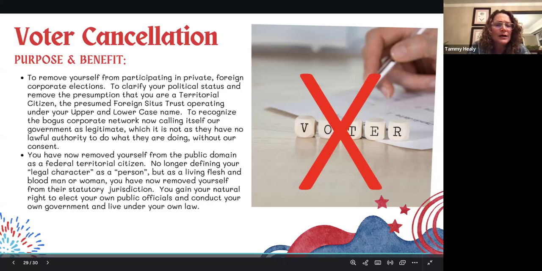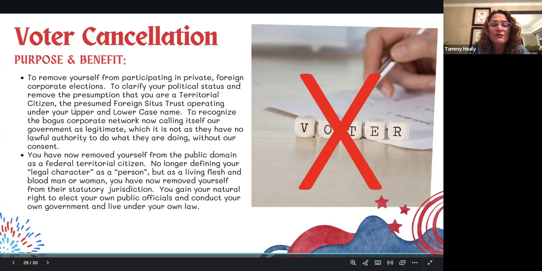You want to remove the presumption that you are a territorial citizen, the presumed foreign situs trust operating under your upper and lowercase name, to recognize the bogus corporate network now calling itself our government as legitimate, which it is not, as they have no lawful authority to do what they are doing without our consent.